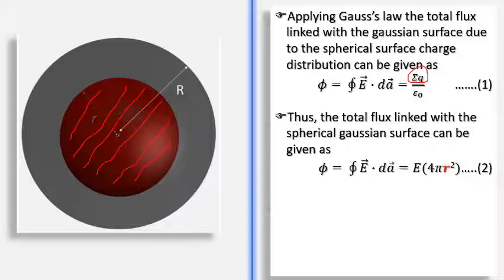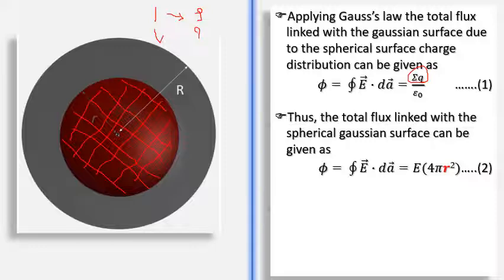We know that 1 cubic meter has rho coulomb charge, then 4 by 3 pi r cube meter cube will have how much charge? We'll apply very basic logic: 1 cubic meter includes rho coulomb, then the given volume will have how much charge.